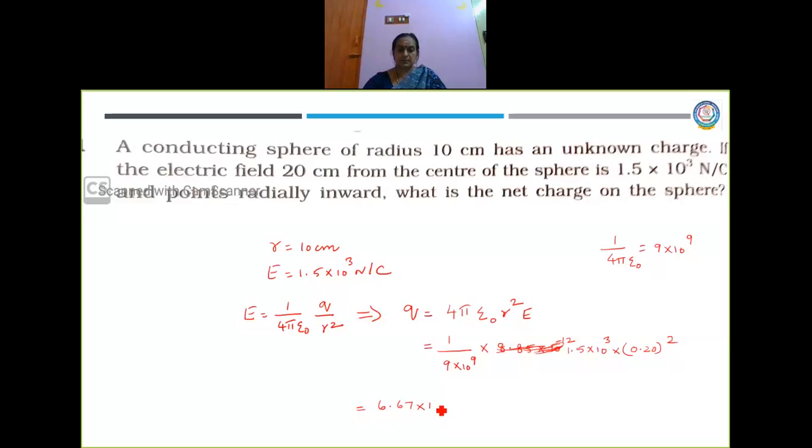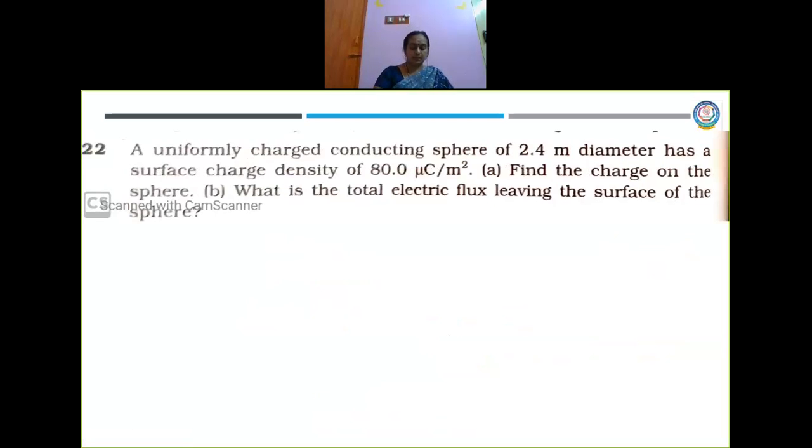You have the answer 6.67 into 10 power minus 9 coulomb, which is the value of the net charge. Here also the simplification process is very easy. That is why 1 divided by 9, then you take the power 10 power 9 to the numerator, simplify all the powers. When you multiply these values, you will get the answer 6.67 into 10 power minus 9 coulomb. Okay, and we'll move on to the next one.